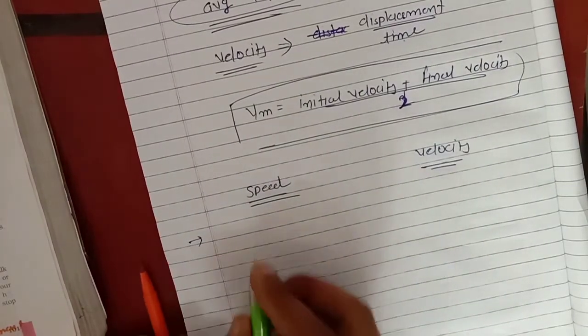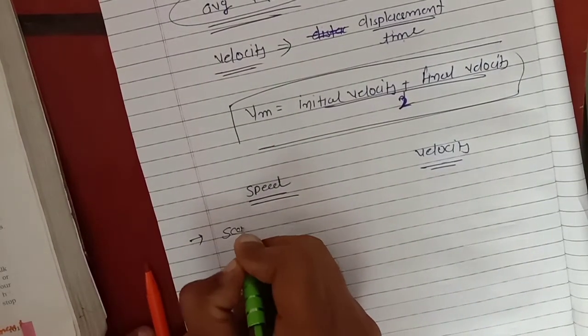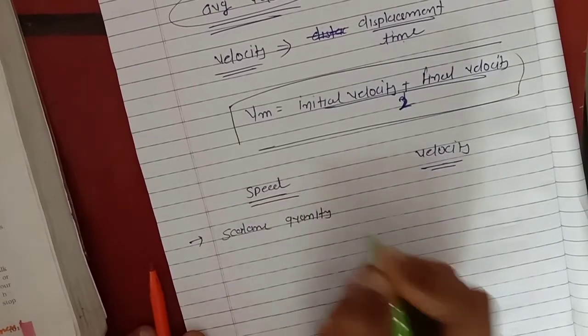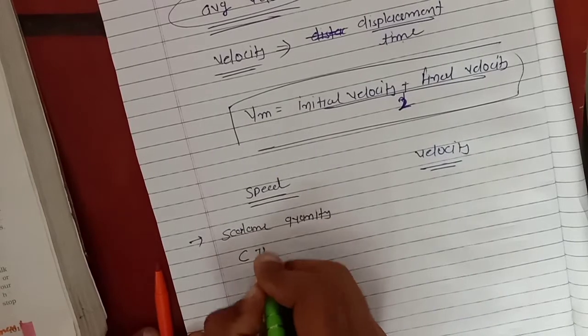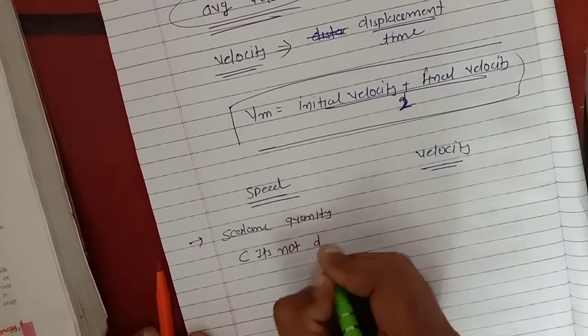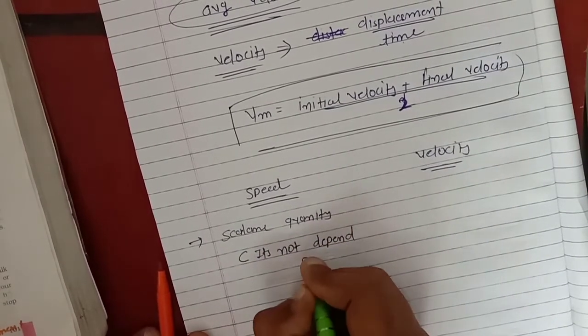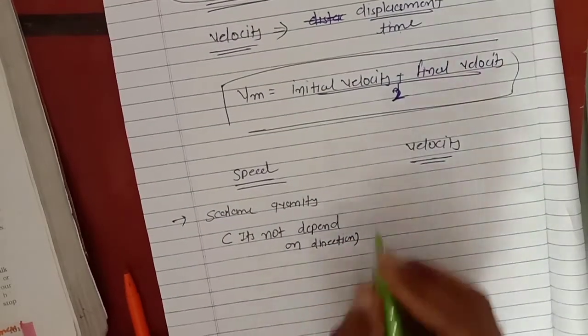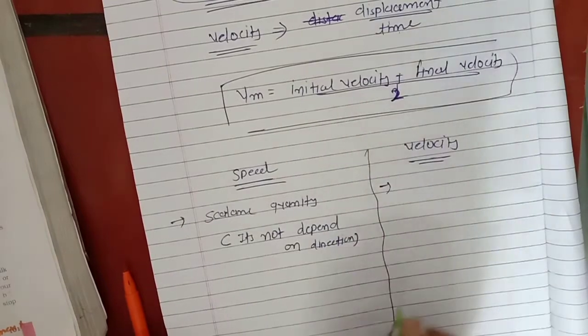Clear? So first, speed is a scalar quantity. It means it does not depend on direction, whereas velocity is what?